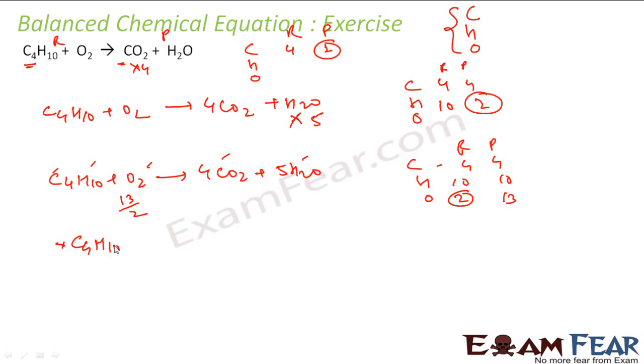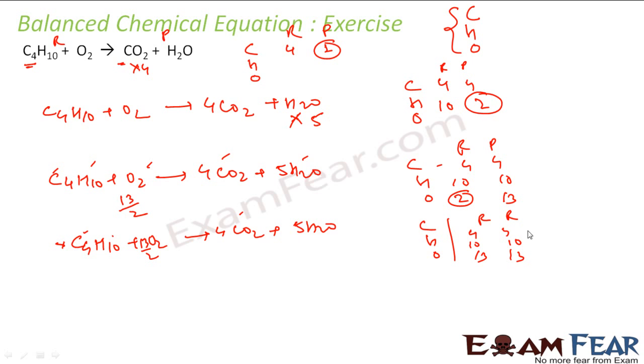So C4H10 plus 13 by 2 O2 is equal to 4 CO2 plus 5 H2O. Now if you compare, carbon is 4 and 4. Hydrogen is 10 here, 10 here. Oxygen is 13 by 2 into 2 is 13 here. Here you have 4 into 2, 8 plus 5.